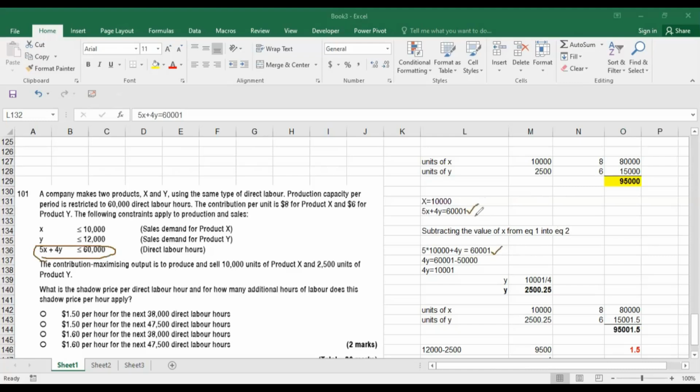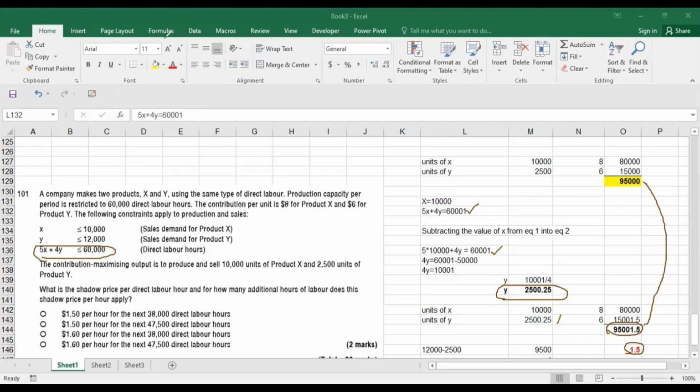We said that labor hours are not 60,000, they are 60,001. So if they are 60,001, you can make Y 2,500.25. You put the number here and you get the new contribution. The difference between the old contribution and the new contribution is going to be your shadow price.